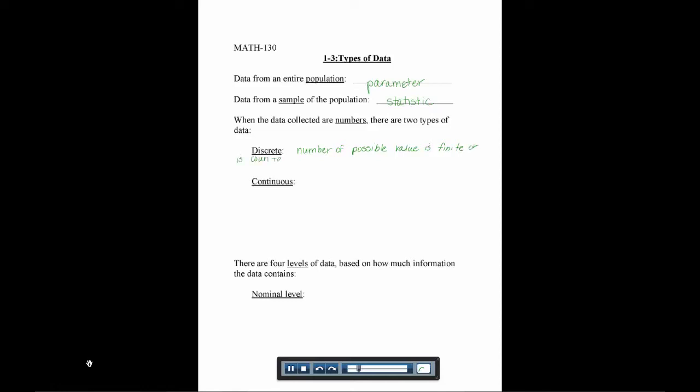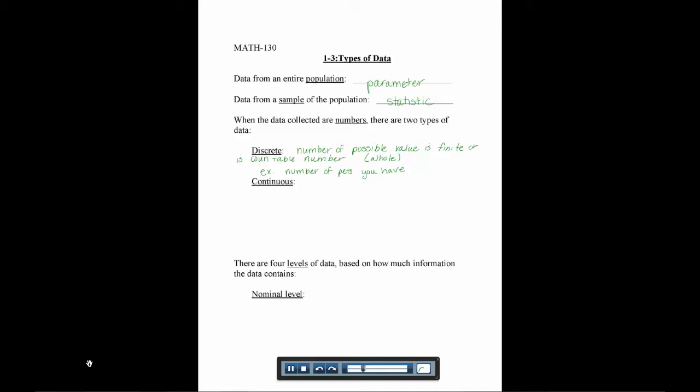A way to think about this is that a discrete value is going to be a whole number, something that can be given in whole numbers. So for example, the number of pets you have, or the number of kids you have. You can't have half of a pet or half of a kid. Those things are in whole numbers. The number of students in a class would have to be a whole number, so it would be discrete. The number of cars you own, anything where you're counting with whole numbers.